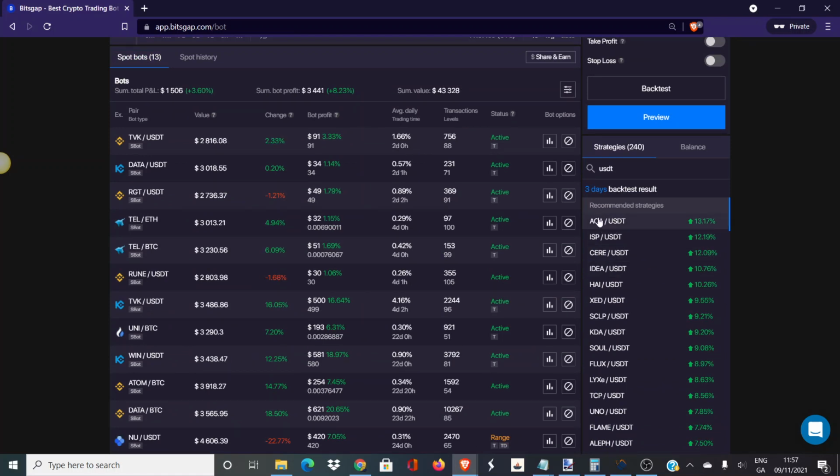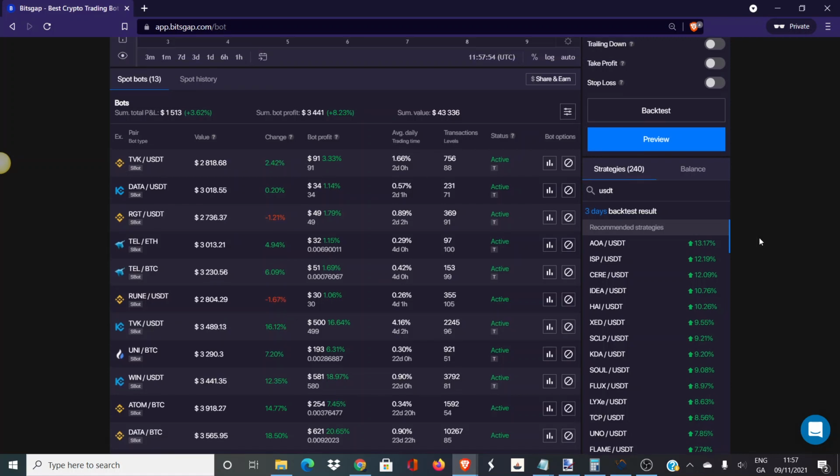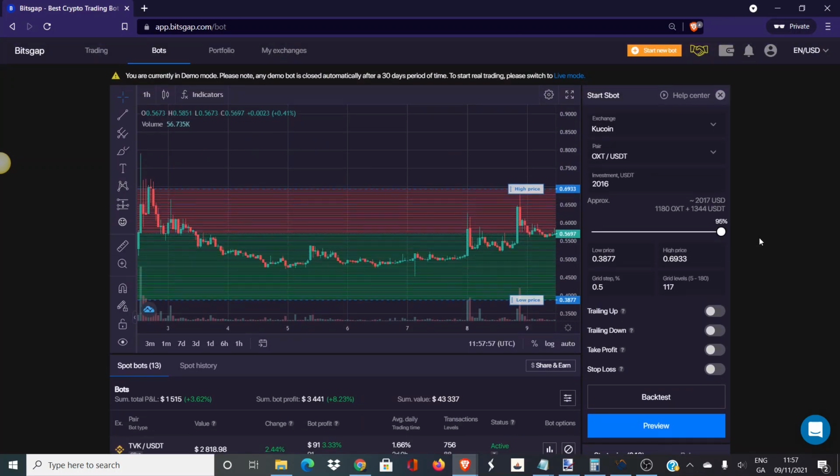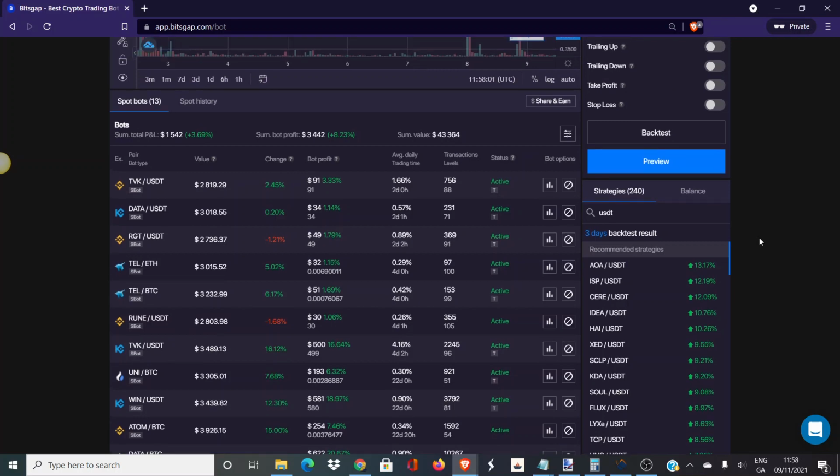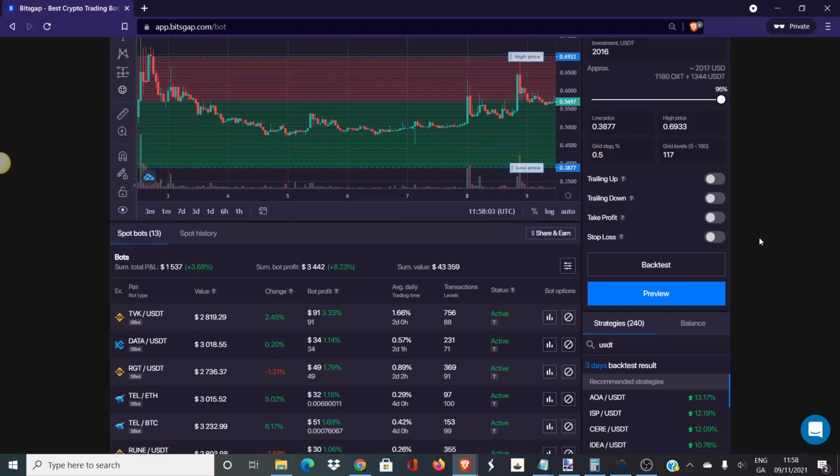Again, these backtest results in Bitsgap are not a direct indicator of the future coin pair trend, right? It just gives you the rough idea, and it gives you some tools to move around and choose the coin, right? But it could be the other way around, could be right opposite. But a lot of times you can pick the good coin with this strategy.